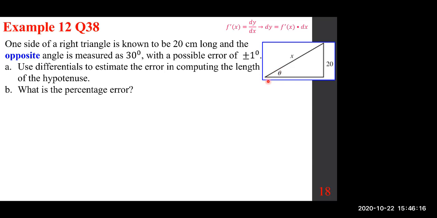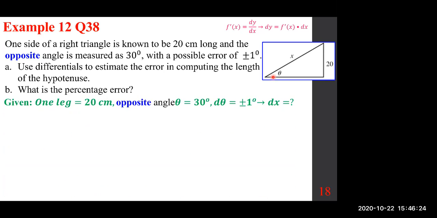So one leg is 20 centimeters, the opposite angle is 30 degrees with a possibility of plus minus 1 degree. We want to know the estimate of error in the length of x. So we want dx. I hope you see what is given and what is missing.